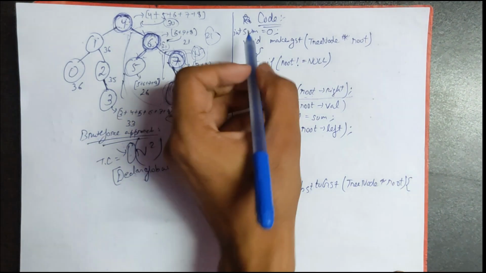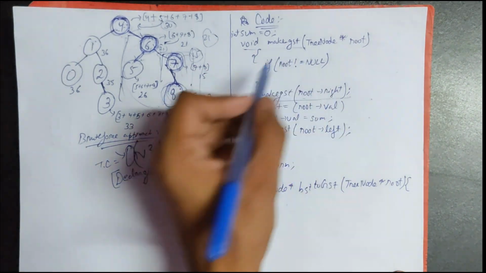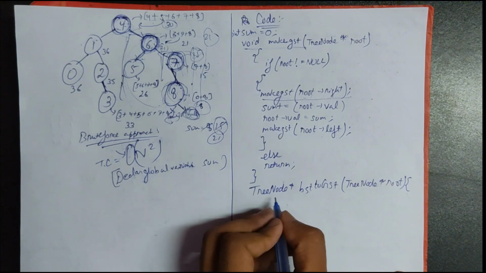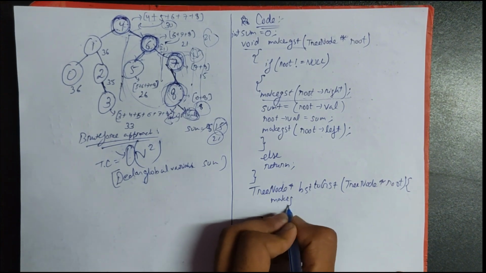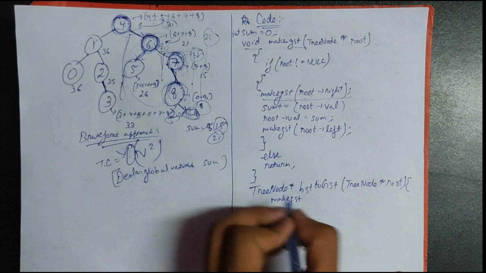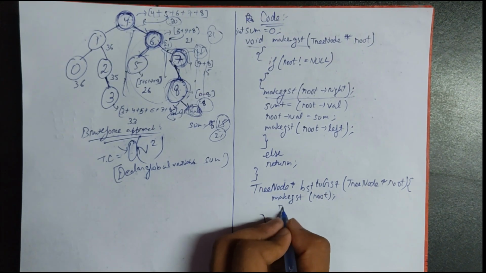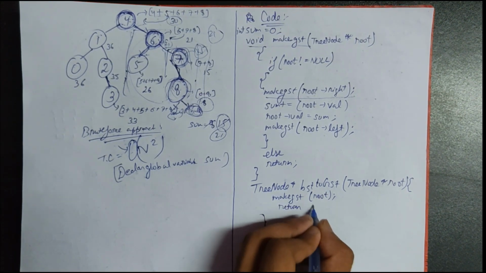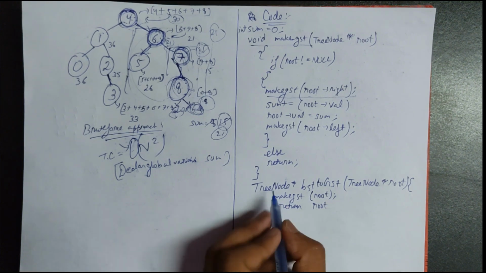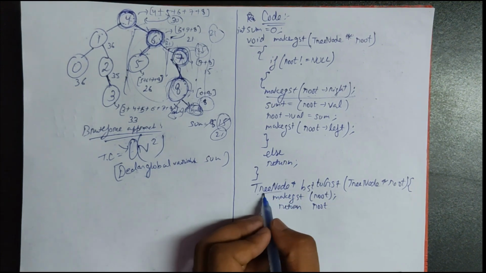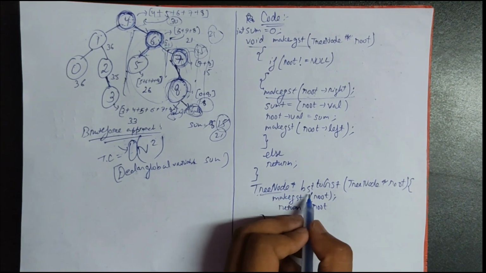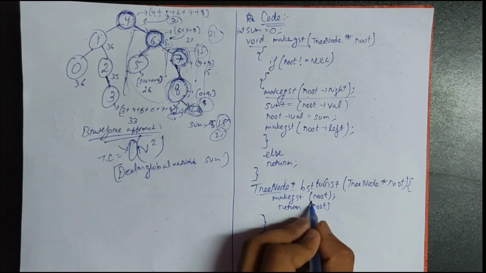So what we'll do is first simply call our function makeGST to change all the values, and we will pass root here, and after the whole execution we will return the value of root, because the function is of a type in which we have to return a pointer, so we will return the root.